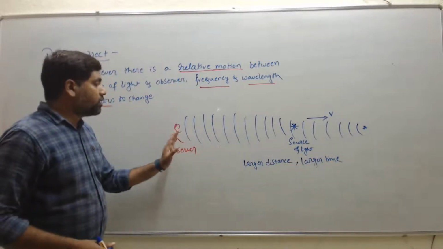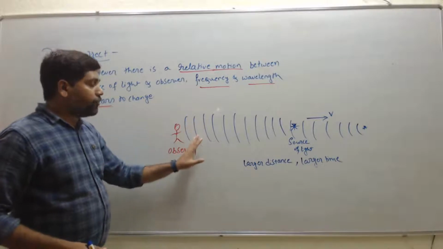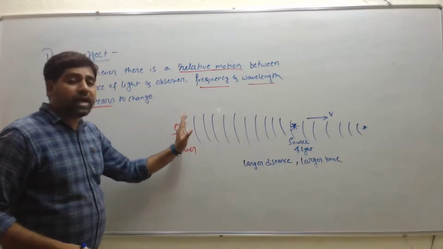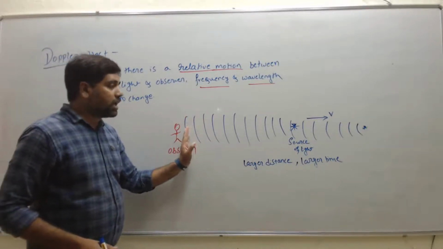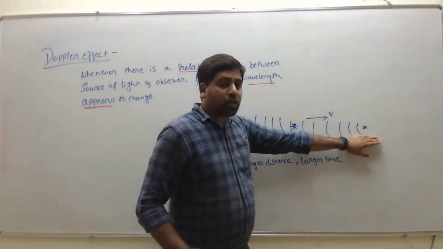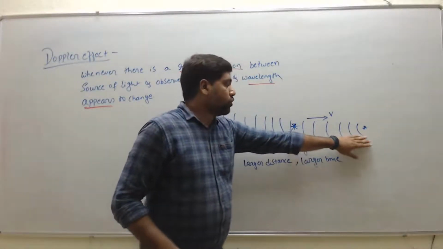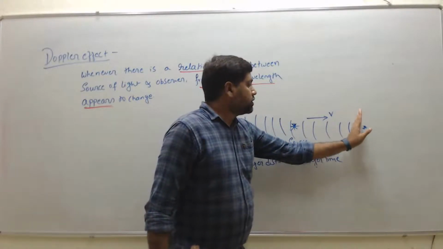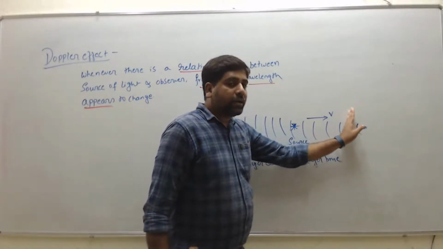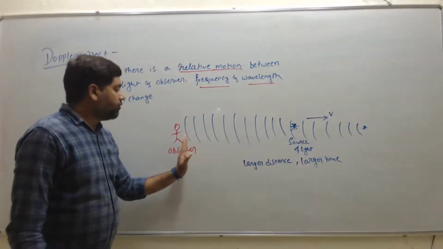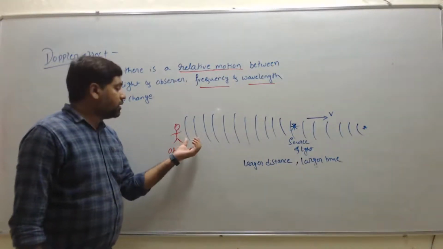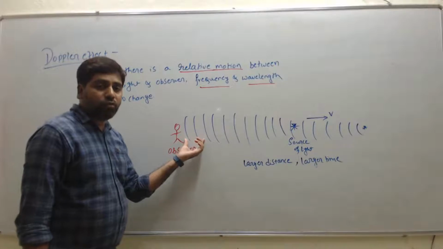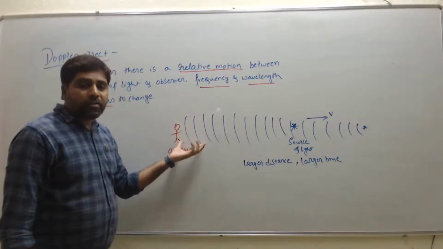Hence, for the observer, the successive wavefronts reaching the observer take a larger time as compared to the source. So here the successive wavefronts are produced, say, in 1 second, but when they reach the observer, the difference between two successive wavefronts may be greater than 1 second.